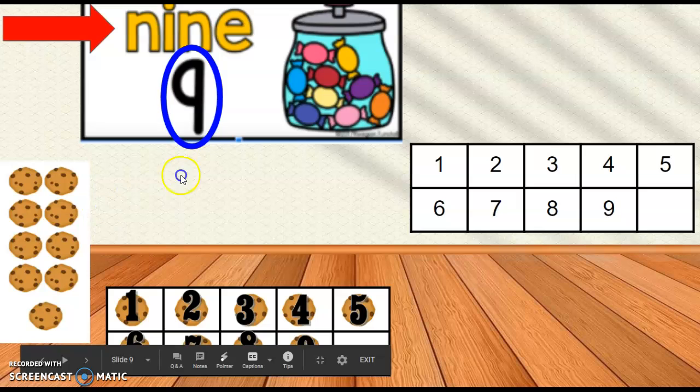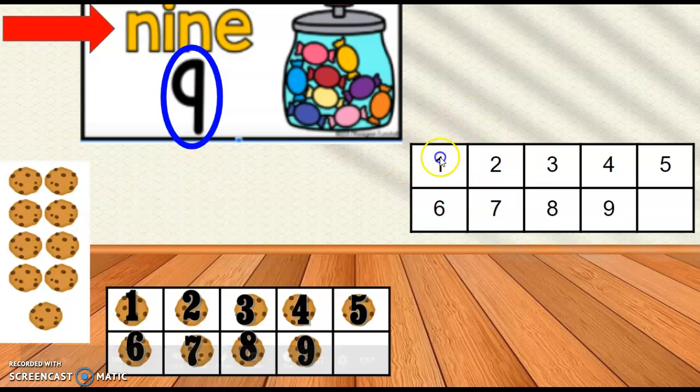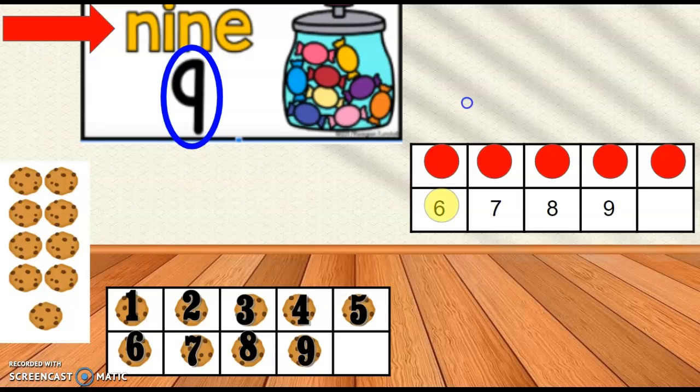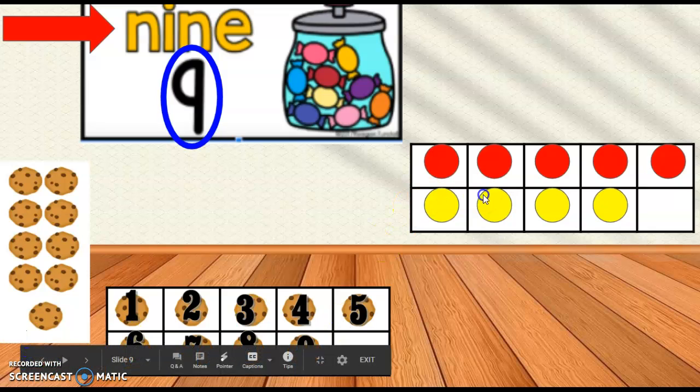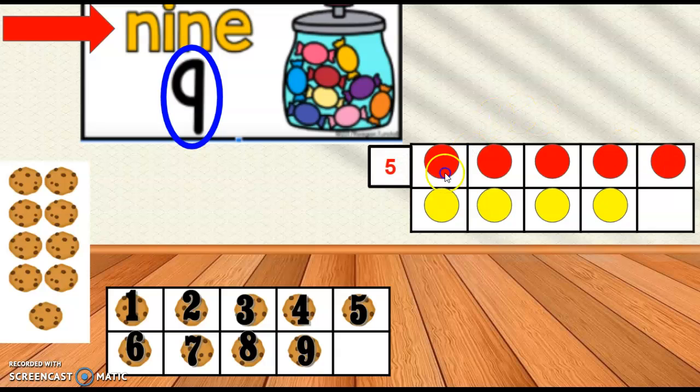And then over here, we're going to represent 9 with 2 groups. Ready? Let's do it. 1, 2, 3, 4, 5. Okay. So those are red. 6, 7, 8, 9. So how many red counters do we have? 5.